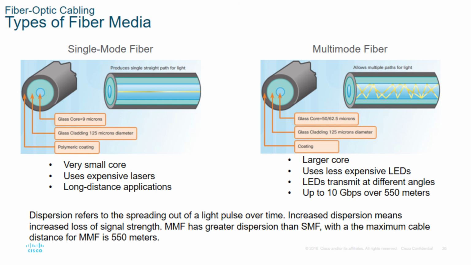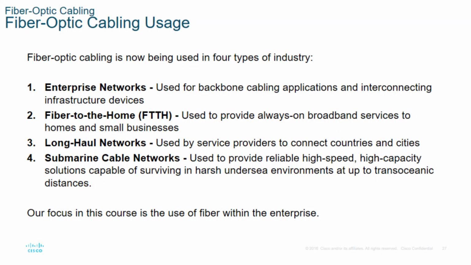That is why an MMF can only travel up to 500 meters before signal loss. Now, fiber optics usage. It can be used in four types of industry: enterprise networks, fiber to the home networks, long haul networks, and submarine cable networks.